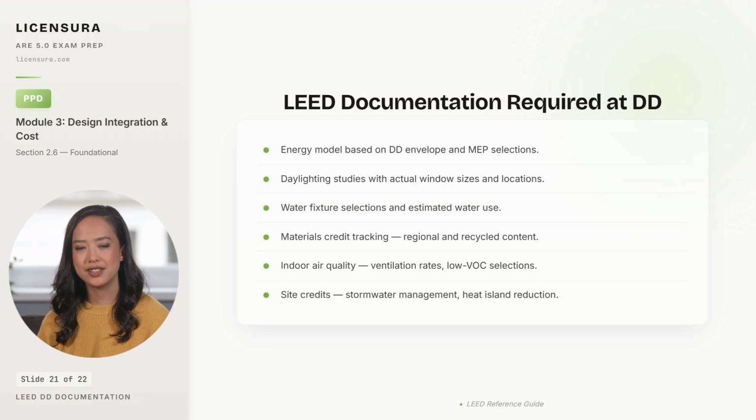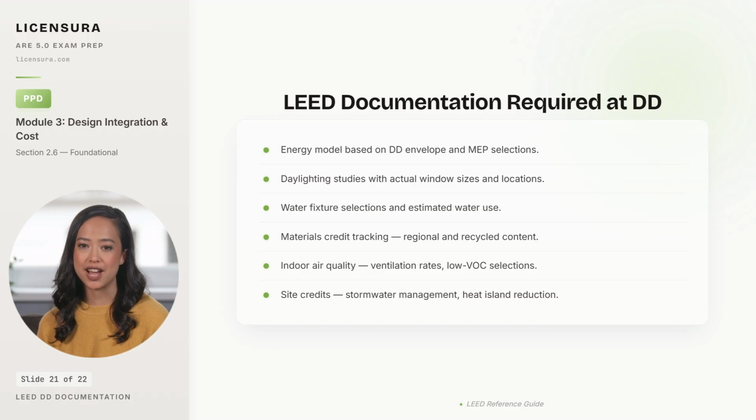Water fixture selections and estimated water use calculations, because water efficiency credits depend on the actual flow rates of the fixtures specified in the DD documents. Materials credit tracking for regional content and recycled content, because the credits require product selections that get made at DD, not at CDs.